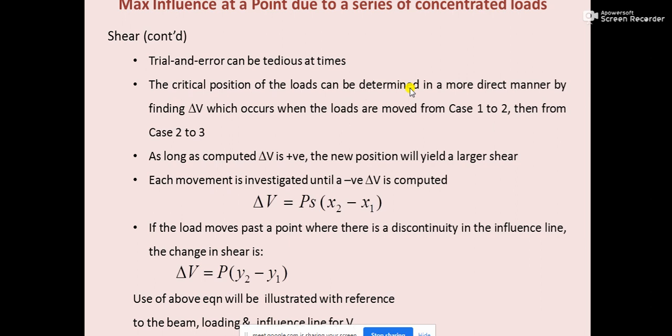When you take a problem and solve it, you will understand it more clearly. But you must understand at this point that the change in slope method differs from the trial and error method in this way: in trial and error, you need to calculate the ordinate of the influence line diagram at each and every position of the load, whereas in the change in slope method, you need not calculate the ordinate of the influence line diagram.